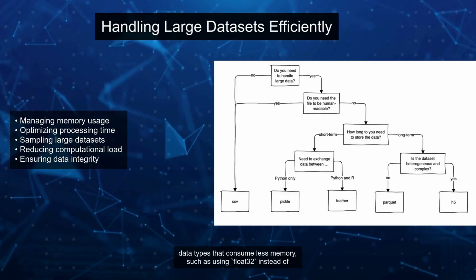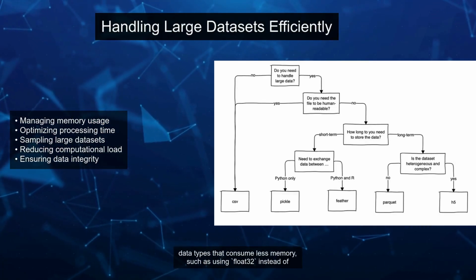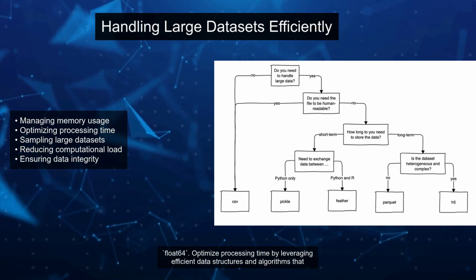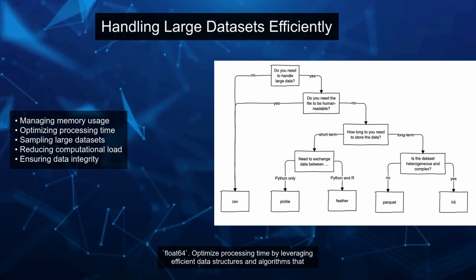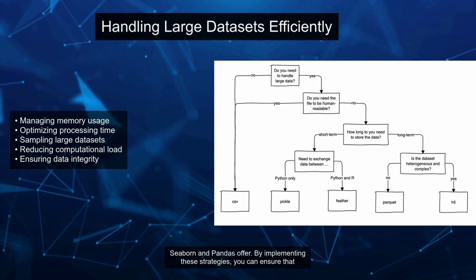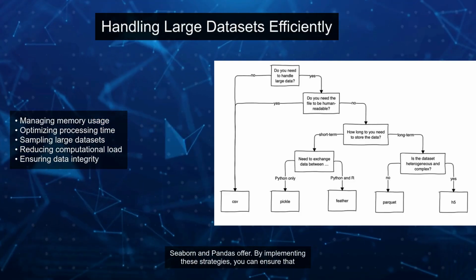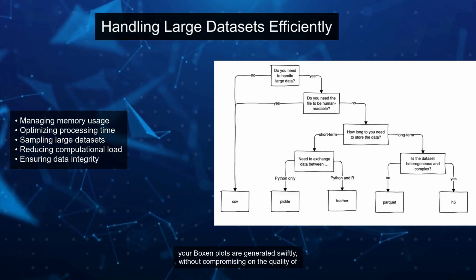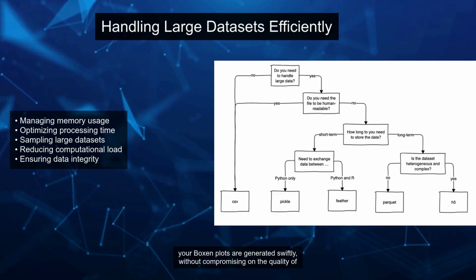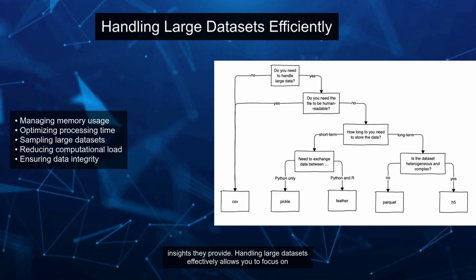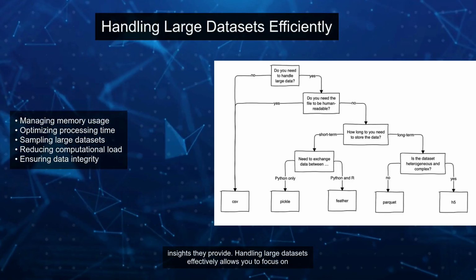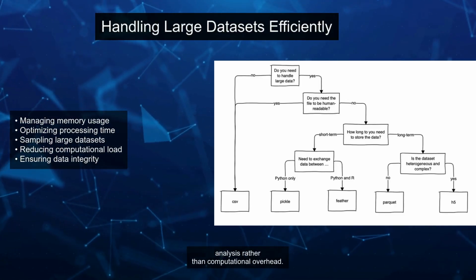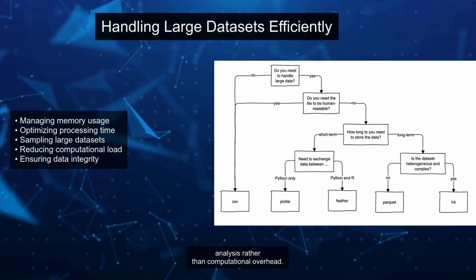Additionally, manage memory usage by using data types that consume less memory, such as using float32 instead of float64. Optimize processing time by leveraging efficient data structures and algorithms that Seaborn and pandas offer. By implementing these strategies, you can ensure that your Boxen Plots are generated swiftly, without compromising on the quality of insights they provide. Handling large datasets effectively allows you to focus on analysis rather than computational overhead.